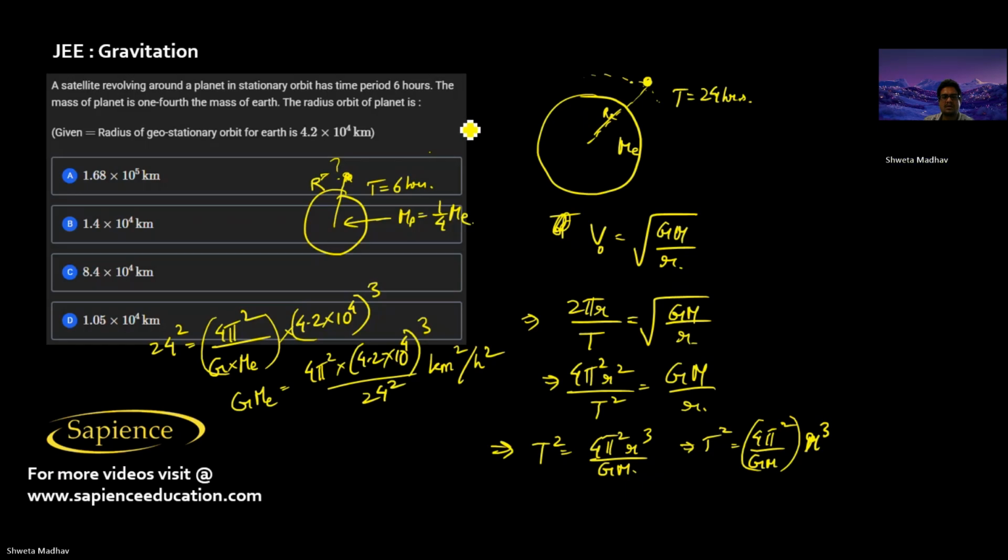So now you can say that the time period of that satellite, T1 square, is equal to 4 pi square by G into M1, which is the mass of the planet, into r cube.